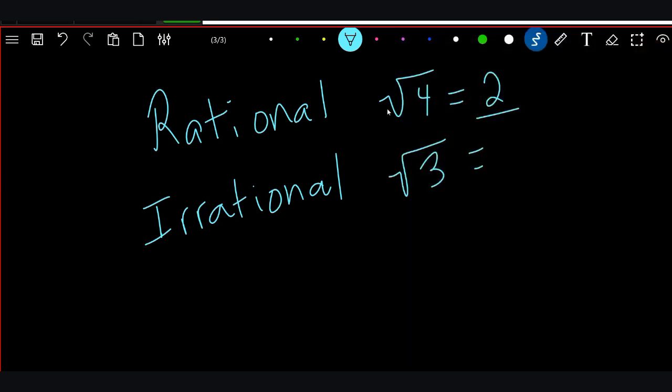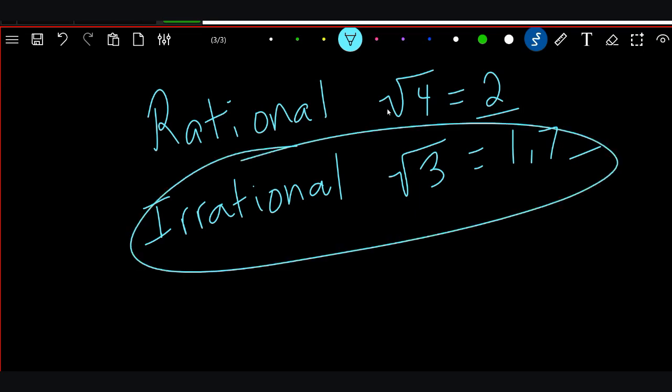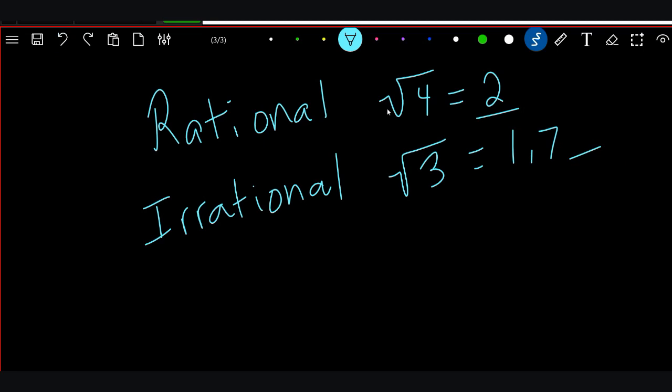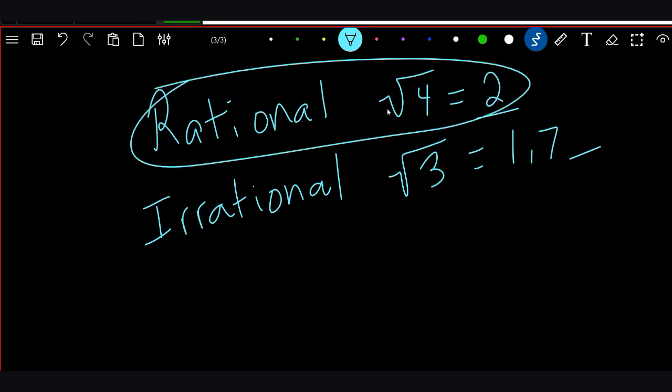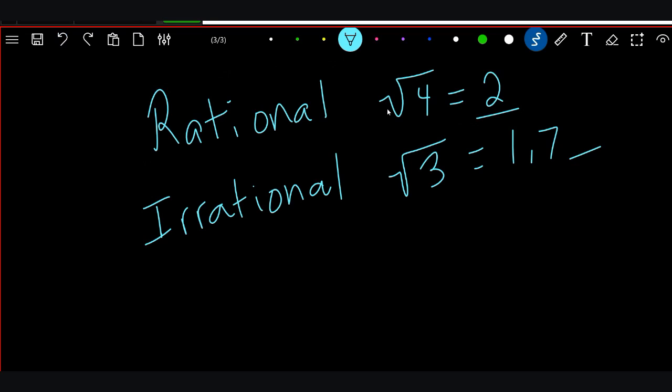So this was 1.7 and so on. This is irrational. Why? Because it is a non-terminating decimal. It never stops. This one's rational because it makes sense. It gives us a number.